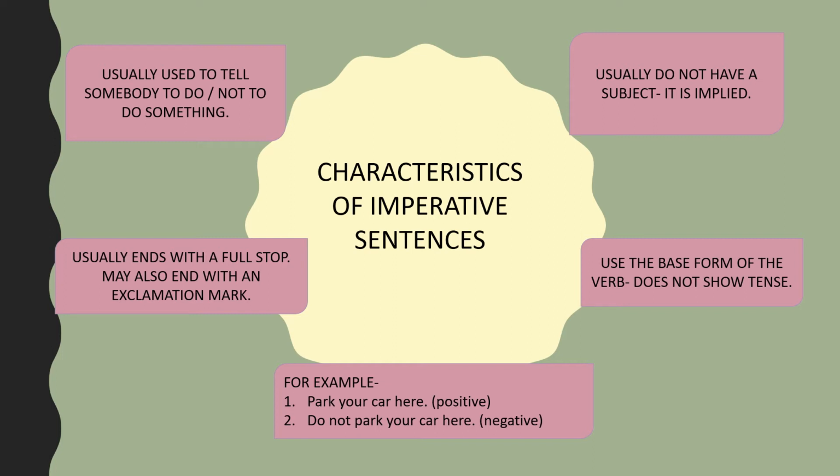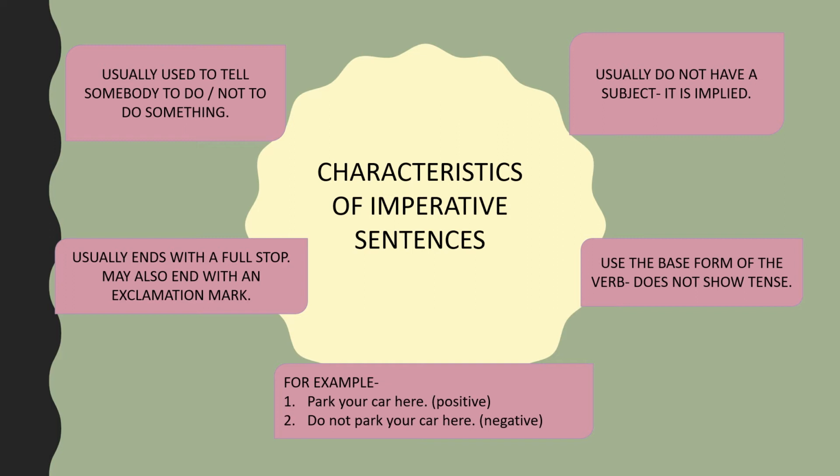So positive, negative, both are there, and these imperative sentences always end with a full stop. But sometimes in certain cases they could end with an exclamation mark also. I will tell you when that will happen. But generally they end with a full stop.